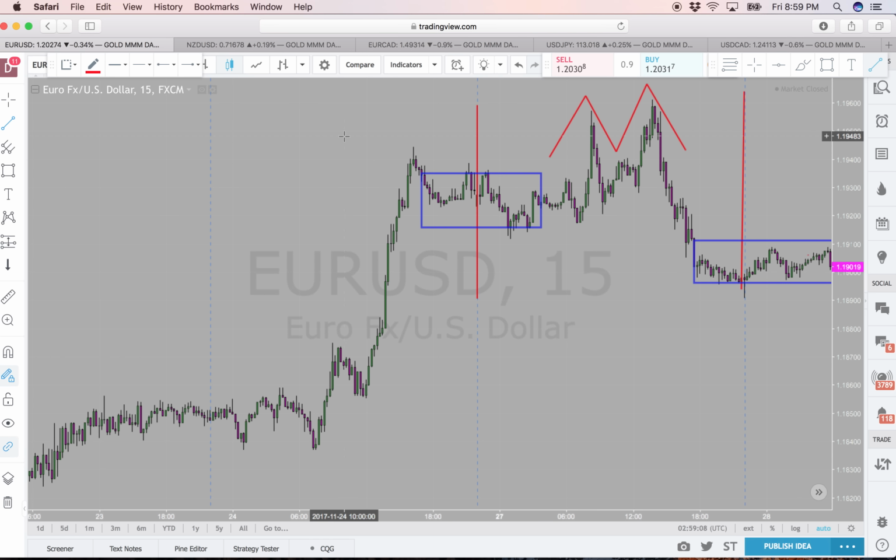So, here's the previous day right here. This is the previous day. Now we have the low of the previous day and the high of the previous day.